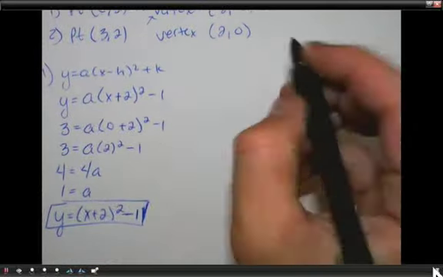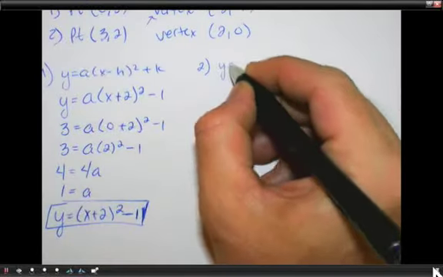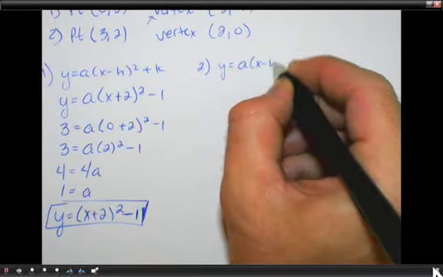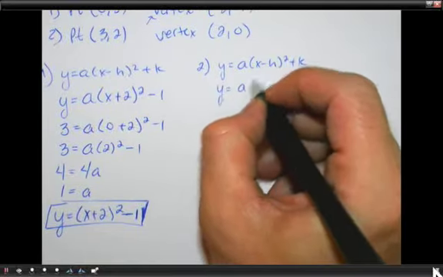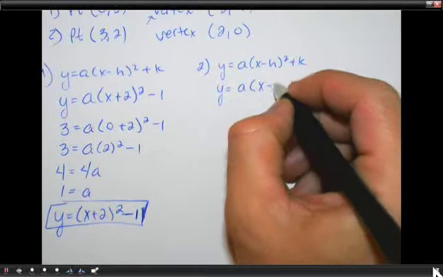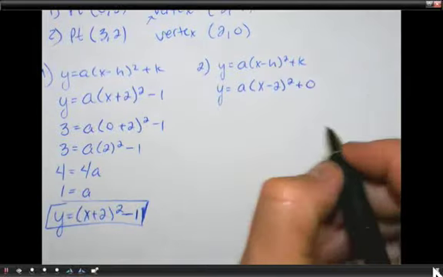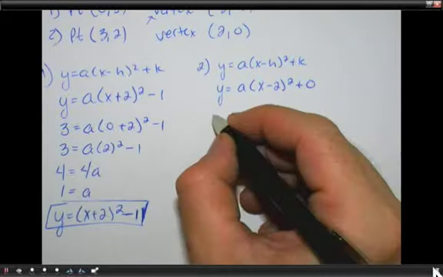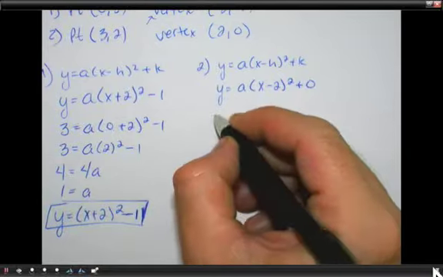We're just going to go ahead and do the same thing for number 2 as well. So just starting with vertex form. Plugging in my vertex. Super nice that k is 0. Once I've got my vertex, plug in the other point.